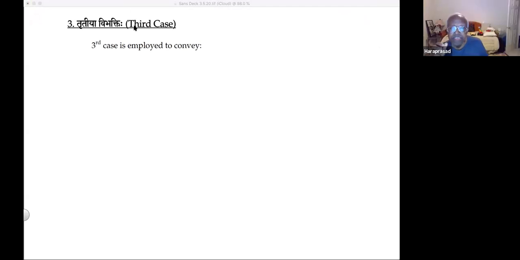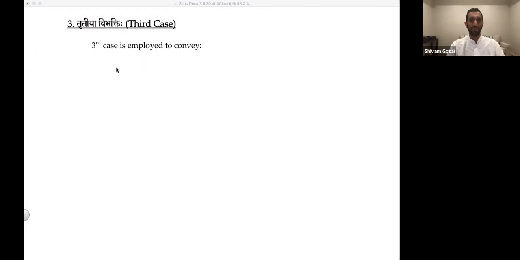Now, when we say putrau suryam ikshete, can I translate this as the sun is seen by two suns? The sun is seen by two suns.